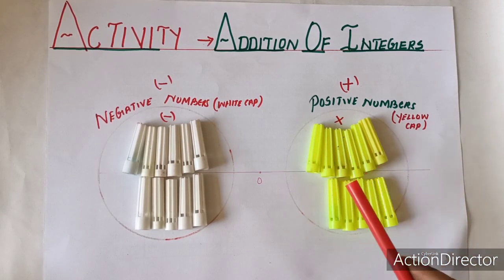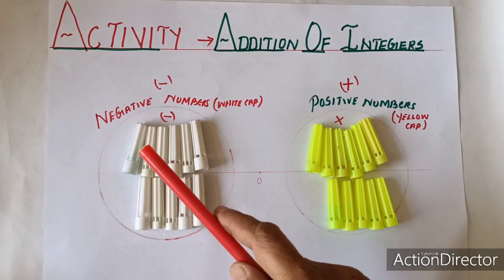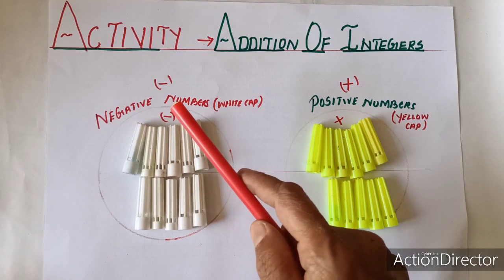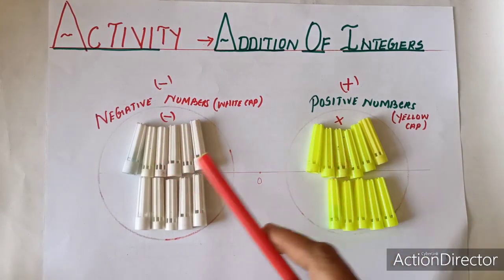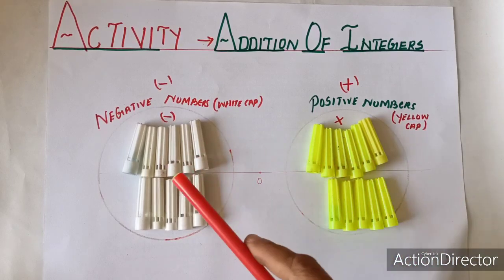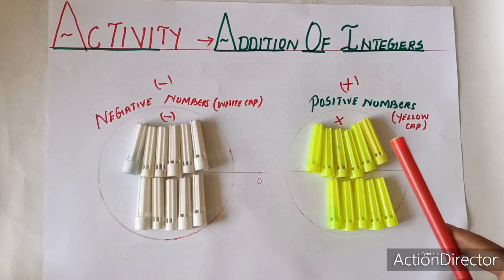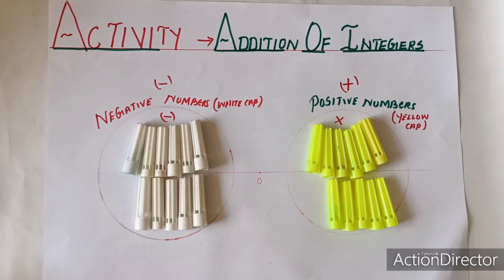The number of caps denotes the number of numbers, and the color denotes positive or negative. Hope you understood these two differences. Now we are going to do the activity only with these two colored caps to show the addition of integers. So now let us proceed to the addition.